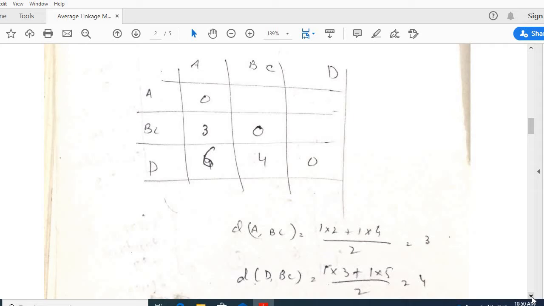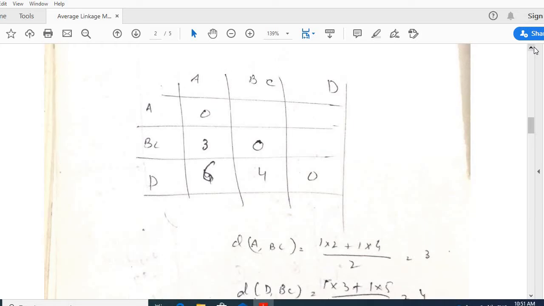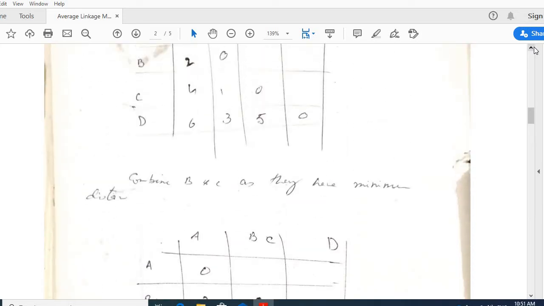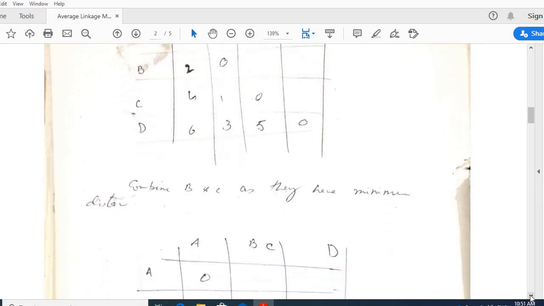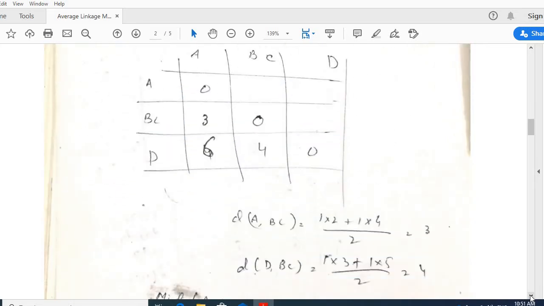Here we have calculated the weighted average between these two distances, 1 into 2 and 1 into 4, where 4 is the distance between A with C and 2 is the distance between A with B, and these are only one individual each which has been linked with BC.